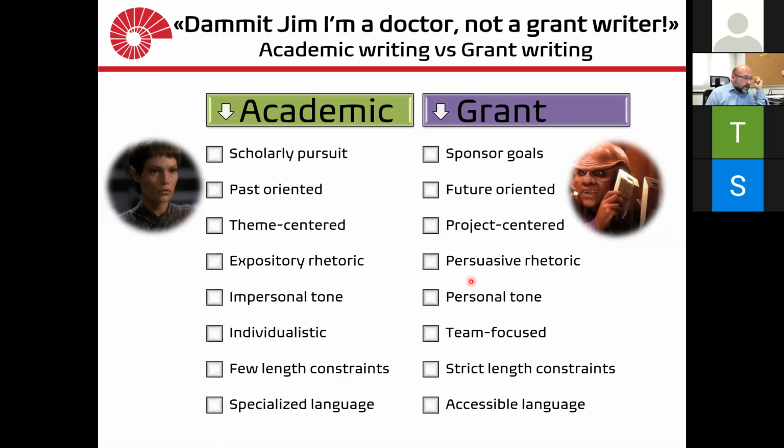For your academic writing, you have an impersonal tone, mostly, though this is not, of course, a universal truth, but you are objective, maybe dispassionate.